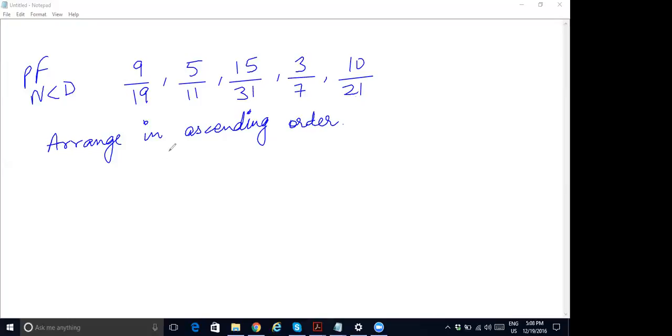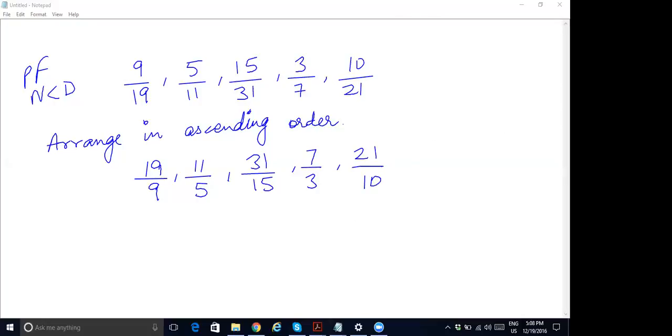So what do we have to do? We take reciprocals in this. That means we can do 19 over 9, 11 over 5, 31 over 15, 7 by 3, and 21 over 10.